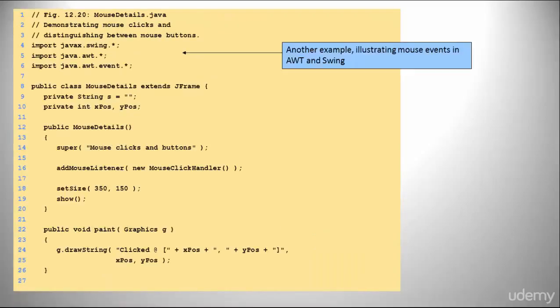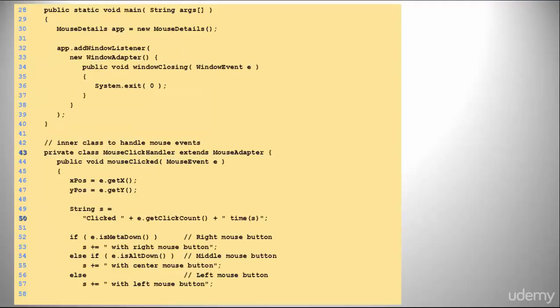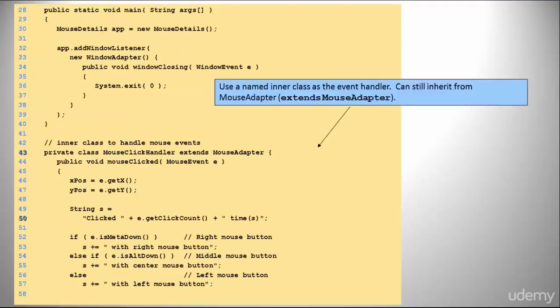Here, another example is illustrated through mouse events in AWT and Swing. We add a listener for a mouse click. We use a named class as the event handler.